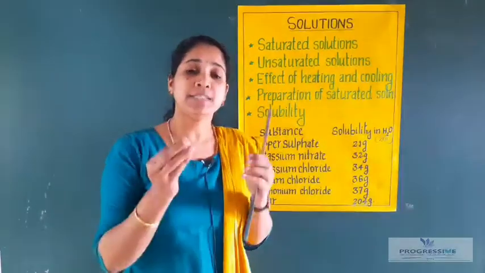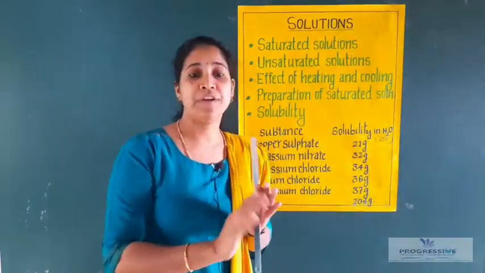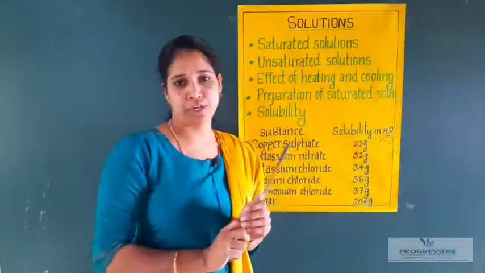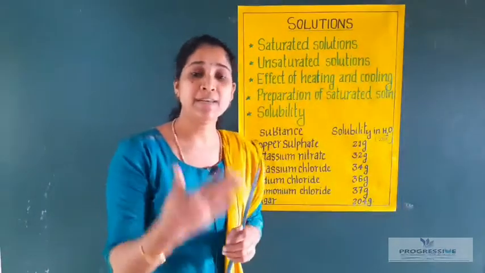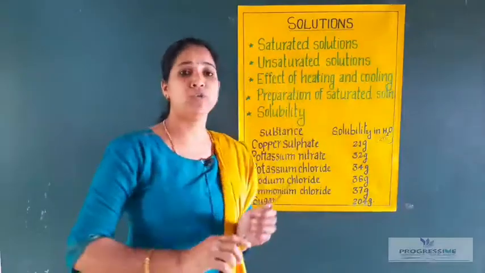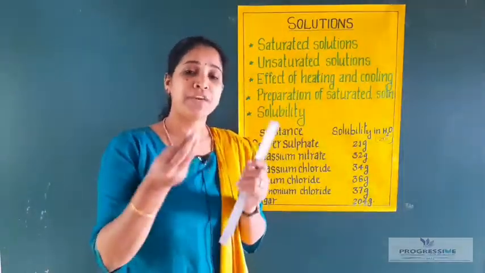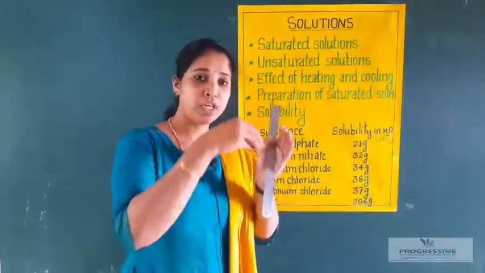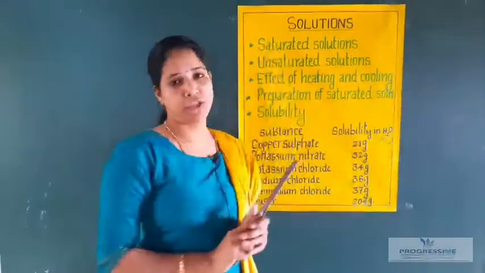That means some more solute can be dissolved in the solution. So, by heating or increasing the temperature, the solubility of the saturated solution increases, and we can add some more solute into it.